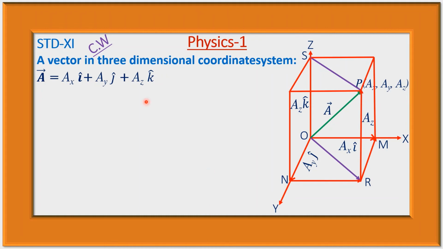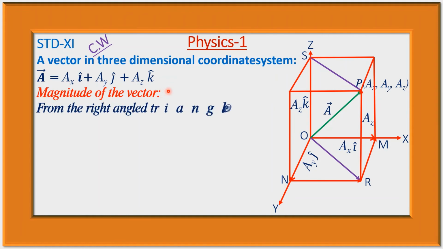We know A is equal to AXi plus AYj plus AZk. Now the magnitude of the vector. From the right angle triangle ORP, here OP square is equal to OR square plus RP square.